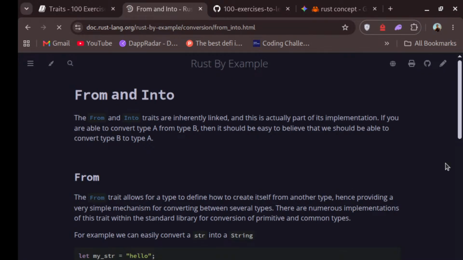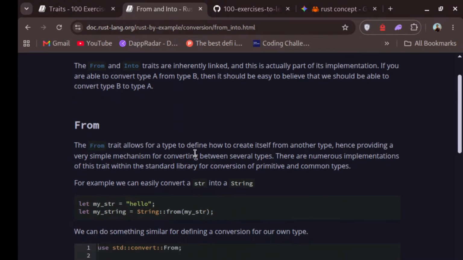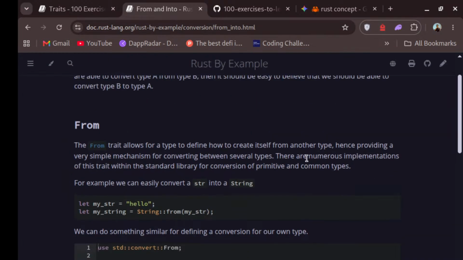From and Into traits are inherently linked, like the actual part of implementation. If you are able to convert type A from type B, then it should be easy to believe that we could convert type B to type A. Okay, I understand that.